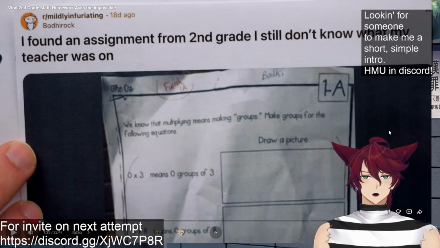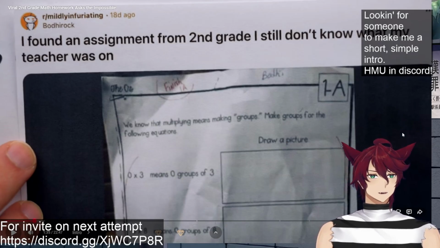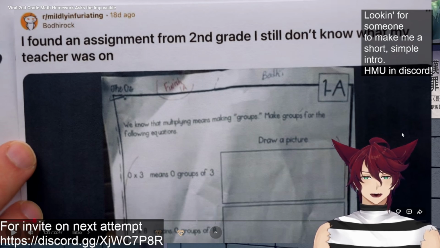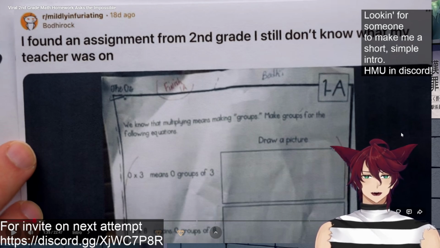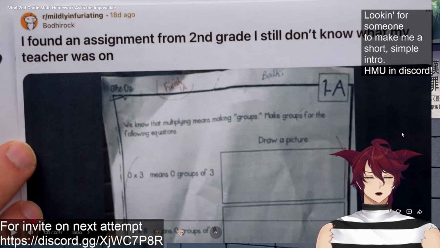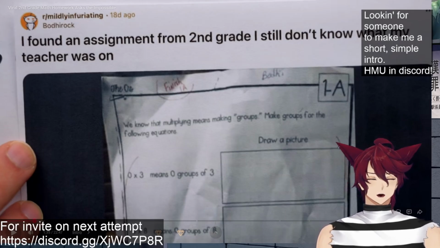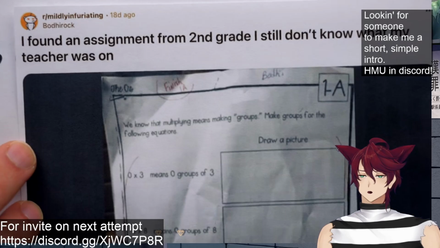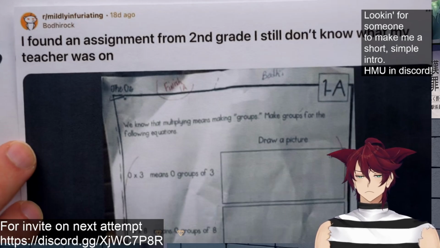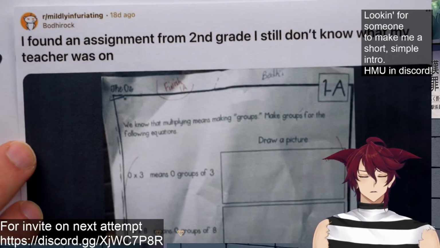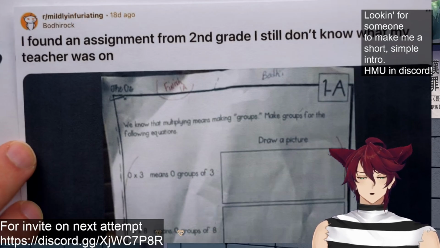We know that multiplying means making groups. Make groups for the following equations. 0 groups of 3. Draw a picture. How would you do that? Let's put our thinking caps on. How would you depict 0 groups of 3?